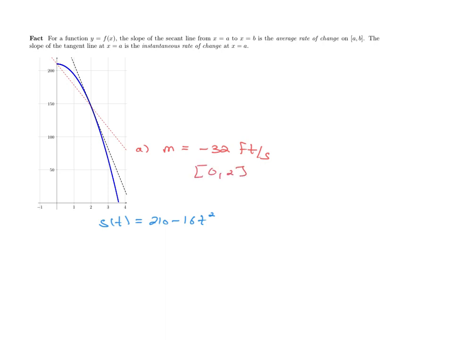Now here, this other line is what we figured out in part D. So for this one, when we computed the slope in part D, we got negative 62.4 feet per second. And that was on the interval from 1.9 to 2. Notice that this is very close to the actual tangent line at t is equal to 2.